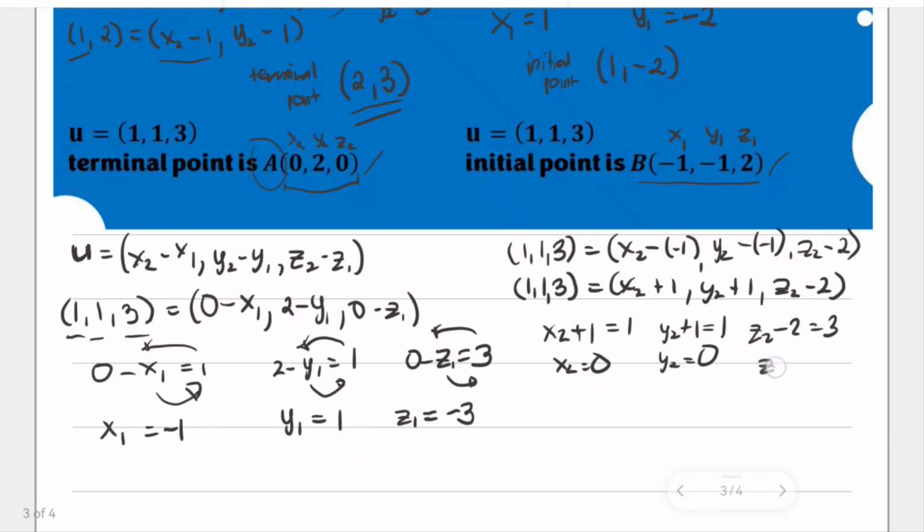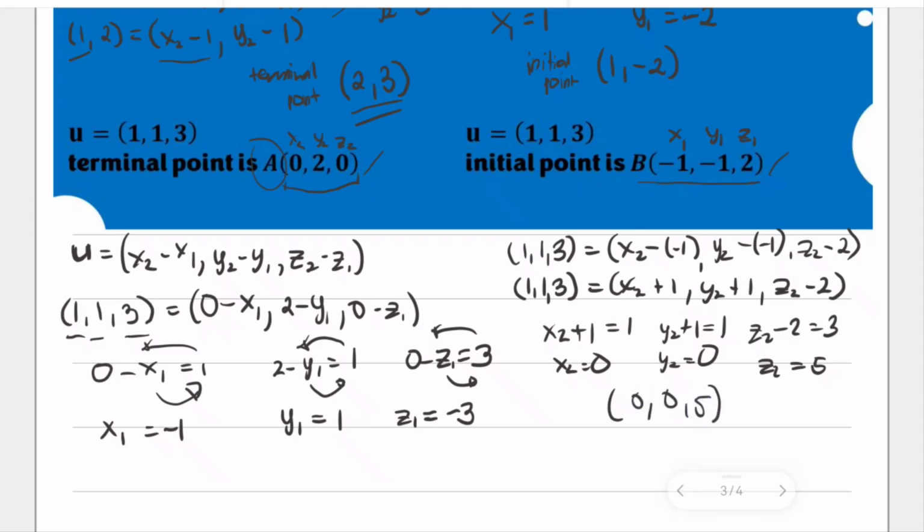So z sub 2 is 5. Sorry, that's 5, not 1. That's 5. So for the terminal point, together with the initial point of negative 1, 1, and 2, to make up a vector u with components 1, 1, and 3, you will have 0, 0, and 5.